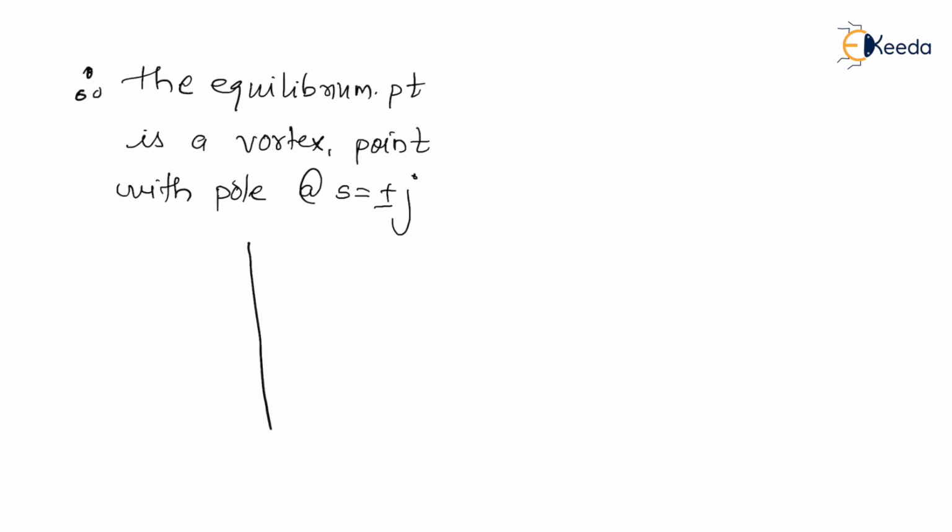So if I draw my s plane, this is sigma, this is j omega, poles are lying on the j omega axis. Now since the poles are lying on the j omega axis, the trajectory drawn in our, let us say, z1, z2 plane will be a circle, and if I draw it on an x1, x2 plane, it will be an oval shaped trajectory as shown.